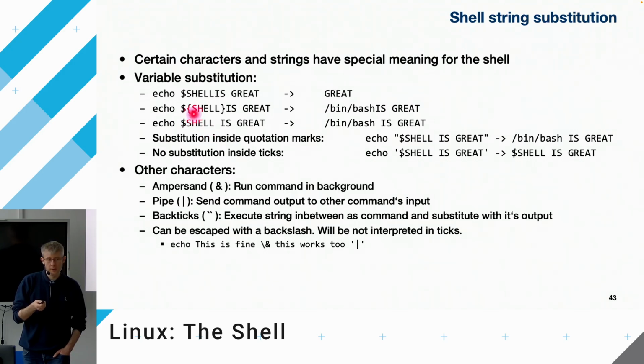If you put these curly braces around, then you can put it back to the next characters here, and then it's interpreted as expected. Or if you use a different character to delimit here the argument, then bash just uses this shell name as a variable name.